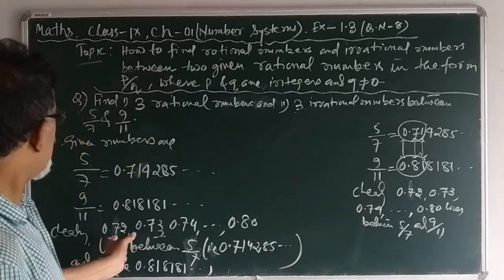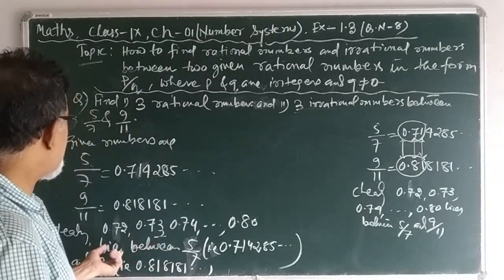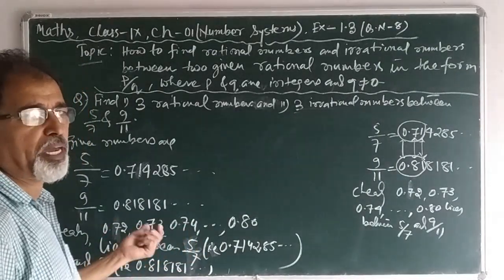From these 9 numbers we can take any 3 numbers and write them as they are, or otherwise in the form p by q.